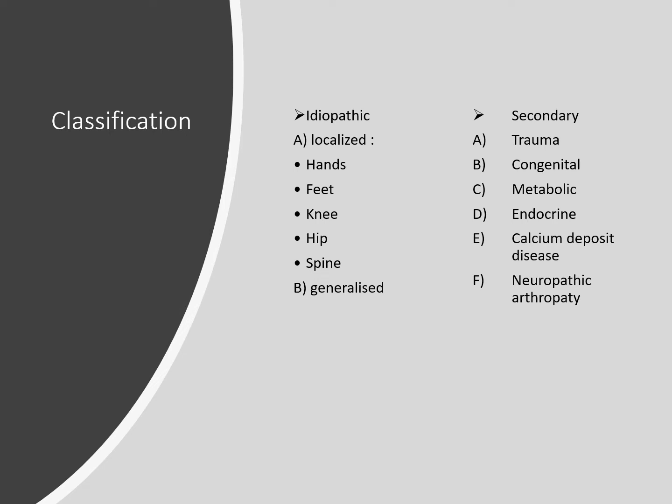Every joint can get affected. That is known as generalized OA. In the secondary type, if you go back and remember the types of OA, secondary can happen because of trauma or an underlying predisposing condition. So trauma, congenital problems, metabolic causes, endocrine issues, calcium deposits or any neuropathic arthropathy can lead to secondary osteoarthritis.